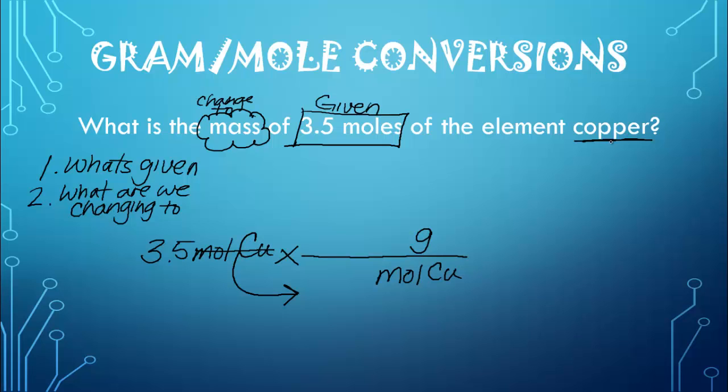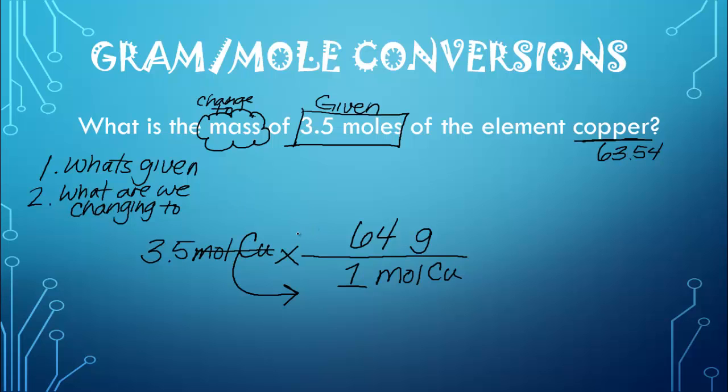So we're going to need to look up the molar mass of copper. It was 63.54. So rounded up, that would become 64. So we would put in 64 grams. And then since we have mole, remember that number is always 1. So then we just multiply.